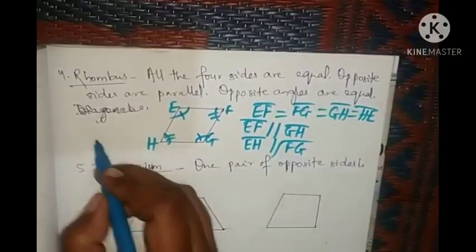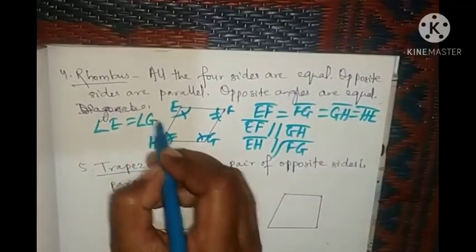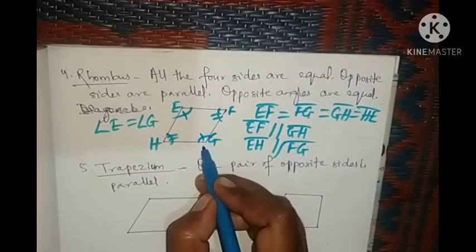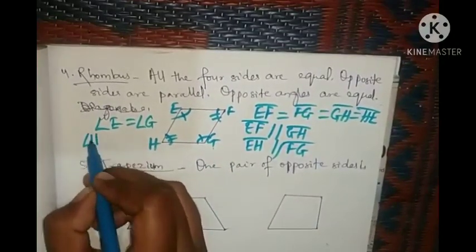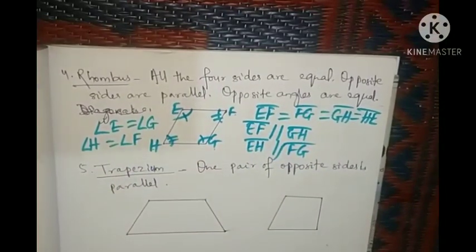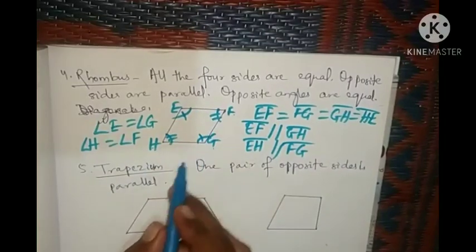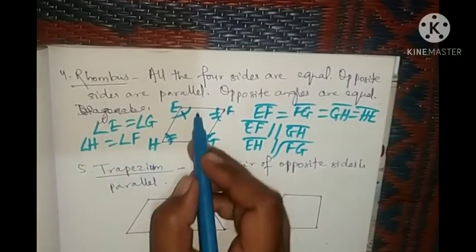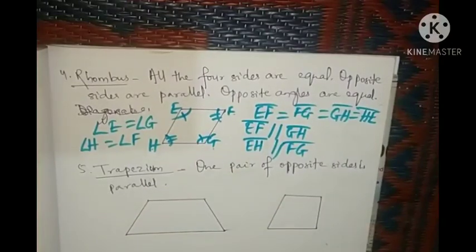Angle E is equal to angle G, the opposite angle of angle E is angle G. Then angle H is equal to angle F. So this is about the rhombus, where all four sides are equal, opposite sides are parallel and opposite angles are equal.